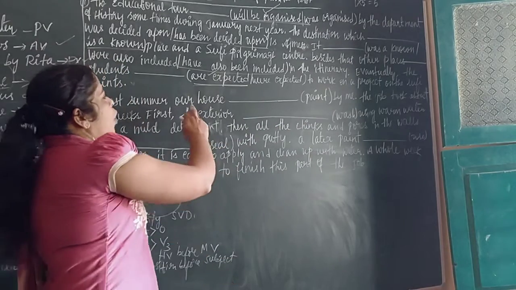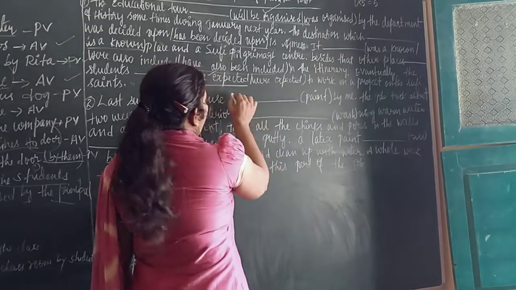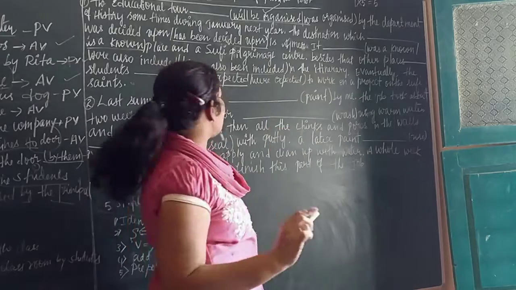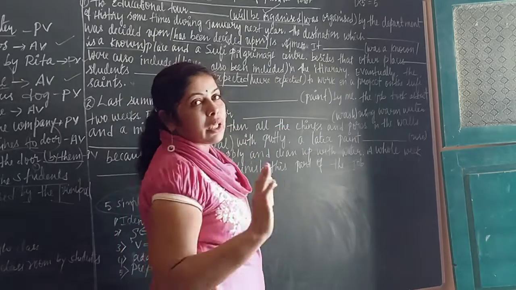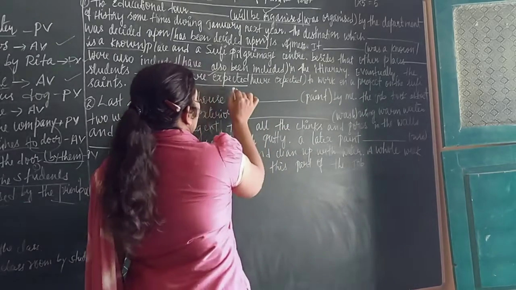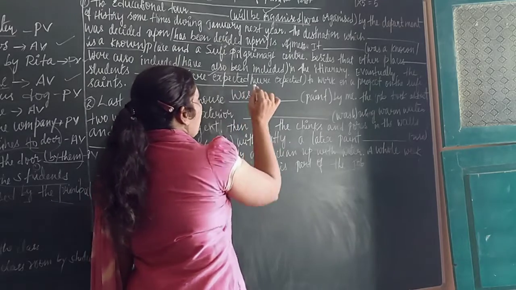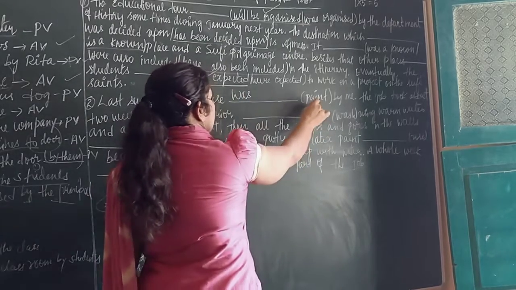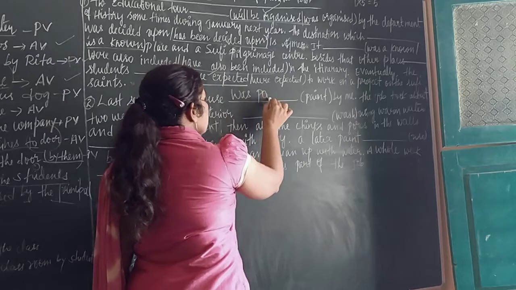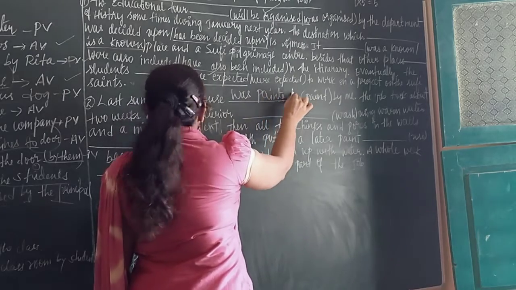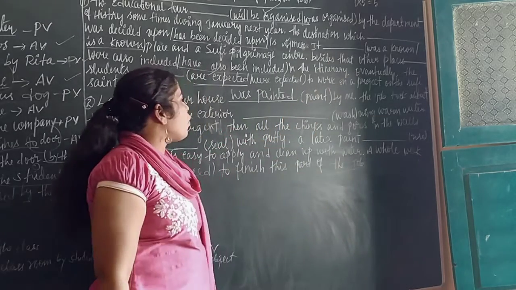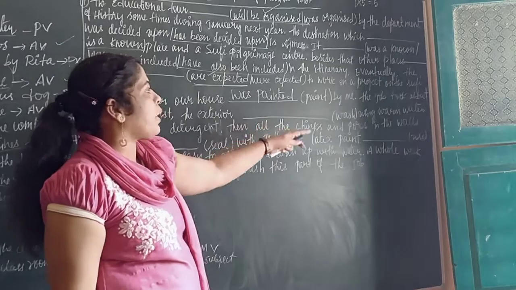Since here our house is singular and the given sentence is in past tense, as last summer indicates, we have to use the helping verb was, and the past participle form of the verb paint is painted. So, last summer our house was painted by me.